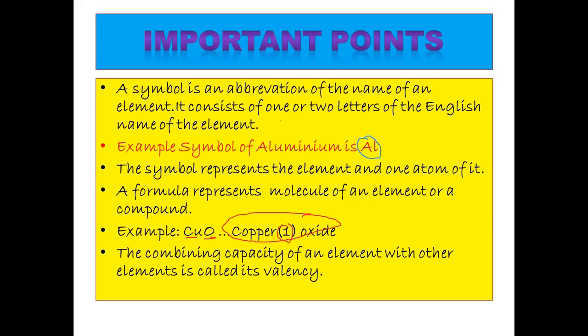So the valency increases from 1 to 4, then falls from 4 to 1, and it is going to end at 0, right? So elements with the same valencies are placed under the same column in the periodic table. All those elements which have the same valency are placed under the same column.